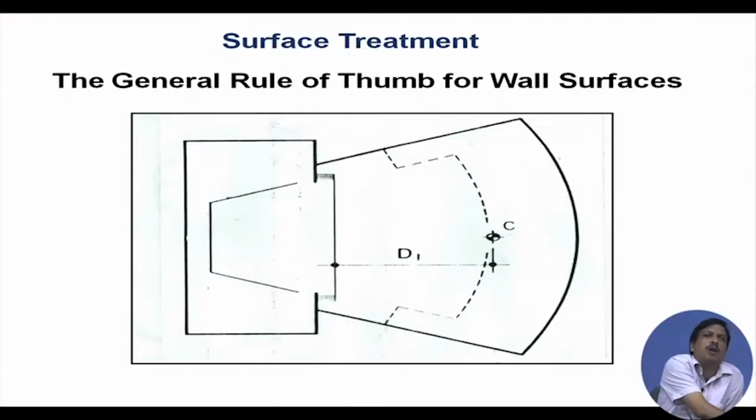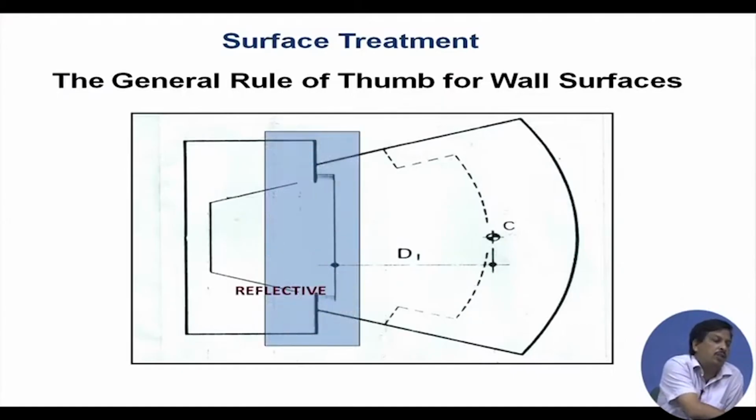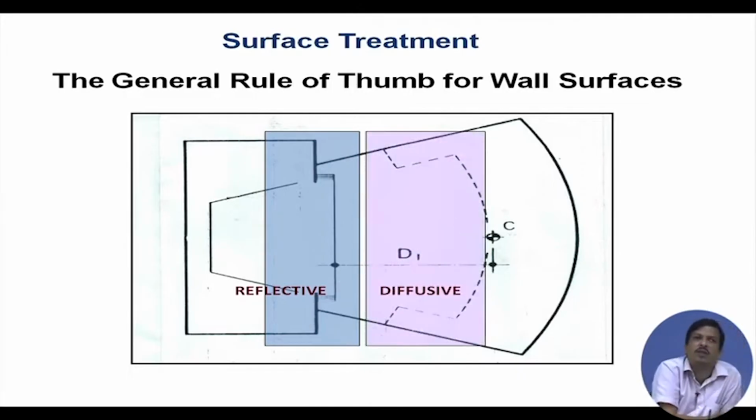Now, there is a thumb rule for the surface treatment of the auditorium. Near the stage it should be reflective, so that maximum energy is channelized to the audience. Next, the middle portion should be diffusive, meaning there should be irregular reflection from the surface, not regular reflection. If it is regular reflection, what will happen? Some areas will be focused and some areas will be defocused.